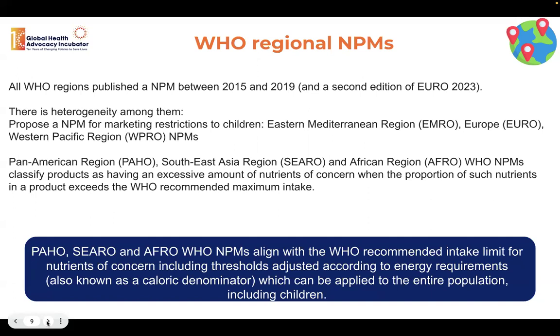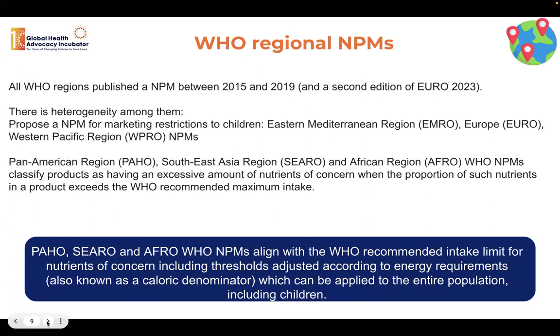But the Pan American Health Organization, Southeast Asia region, and African region nutrient profile models, PAHO, SEARO, and AFRO, are more comprehensive and classify products as having an excessive amount of nutrients of concern when the proportion of such nutrients in a product exceeds the WHO recommended maximum intake.